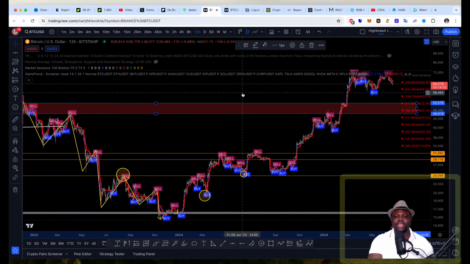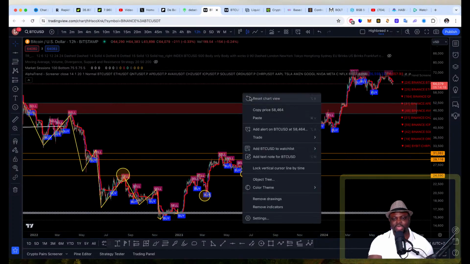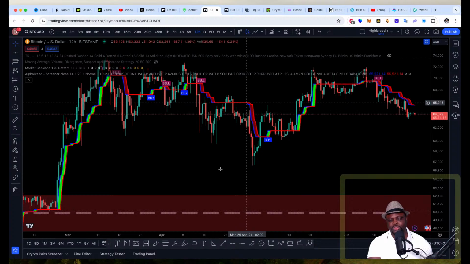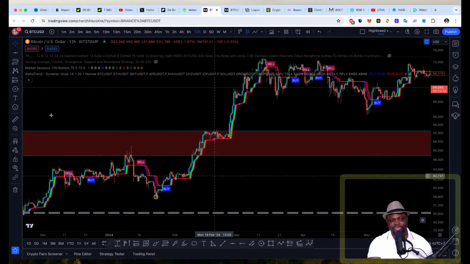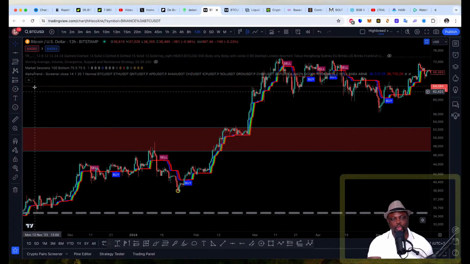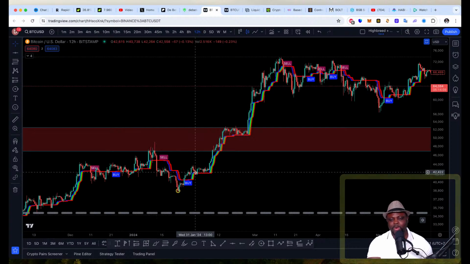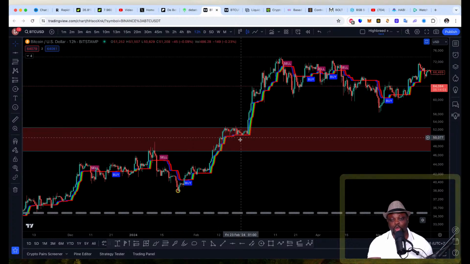Now, if I reset this chart, I can show you guys briefly how I use the Alpha Trend. When price is in an uptrend, I want to see price trade above the Alpha Trend. If price breaks below the Alpha Trend and closes below it, then I know the trend has changed, so I'm gonna stay away from the trend.